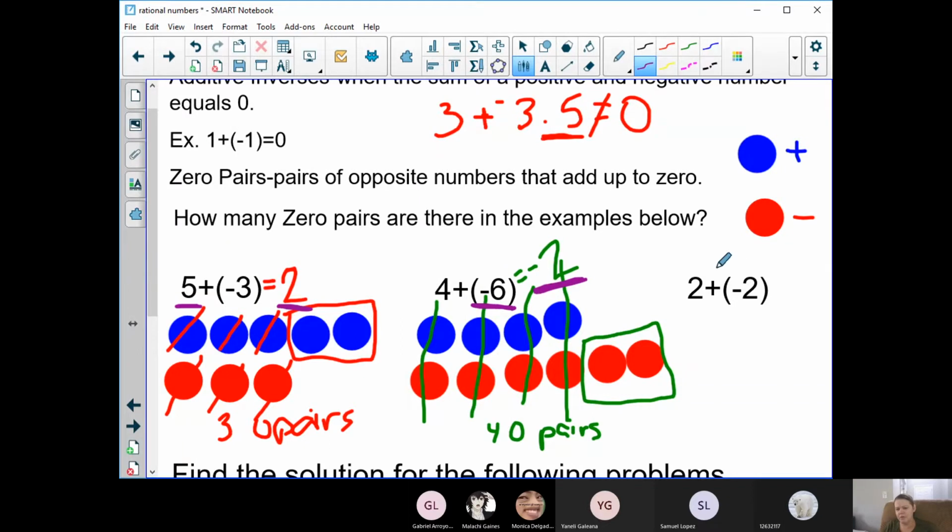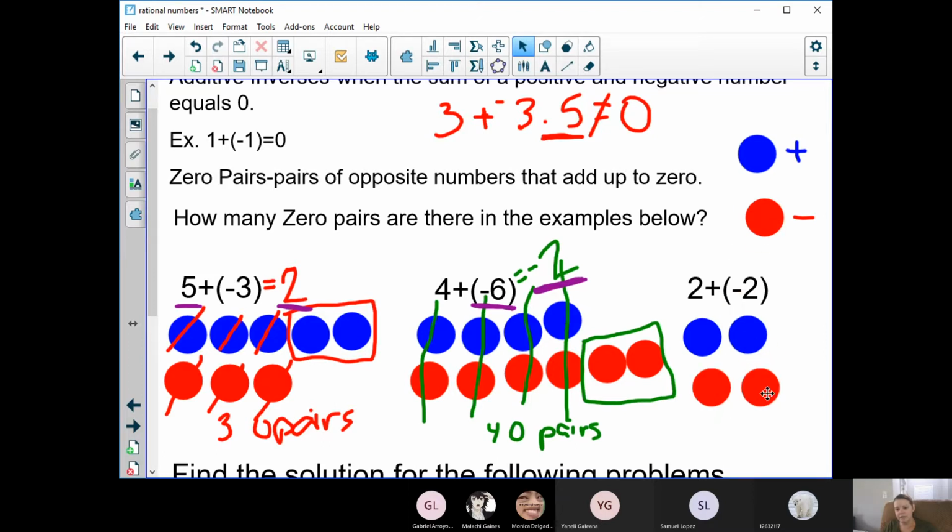What about this third one? What do you predict the answer will be for this third problem? Okay, Monica says 0. Let me get out my dots here.